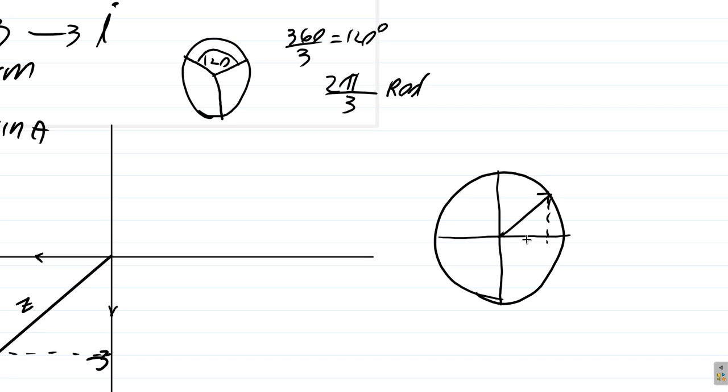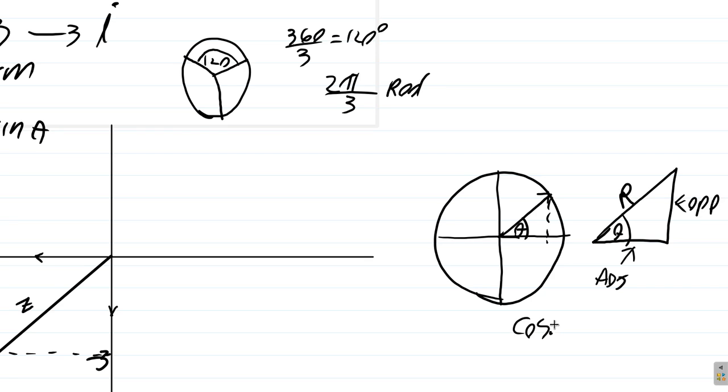This would be your triangle. If you take out this triangle, this is theta, this is r, the magnitude of z, and this is your adjacent to theta and this is your opposite to theta.